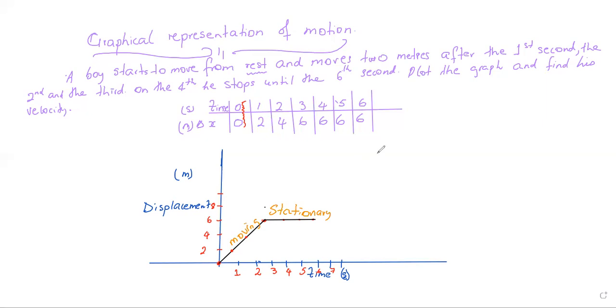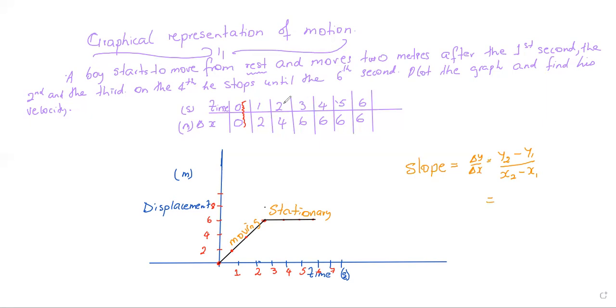Now, if you look at that graph, if we can get the slope of this graph, let's see what happens. You know that the slope from here to here is 0. The slope mathematically is change in y divided by change in x, which is y2 minus y1 over x2 minus x1.